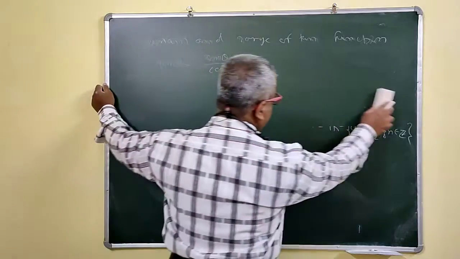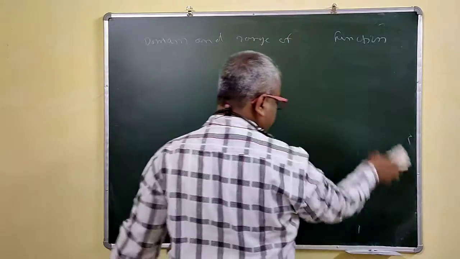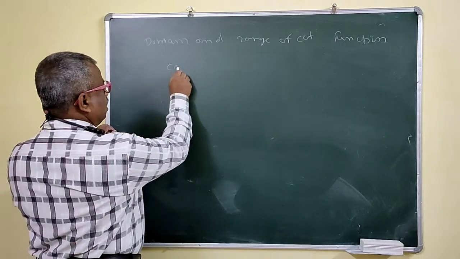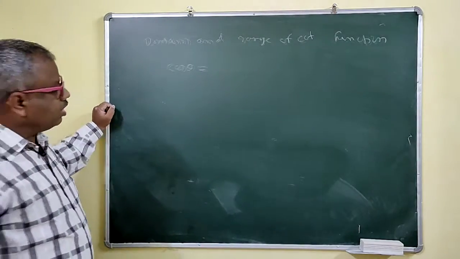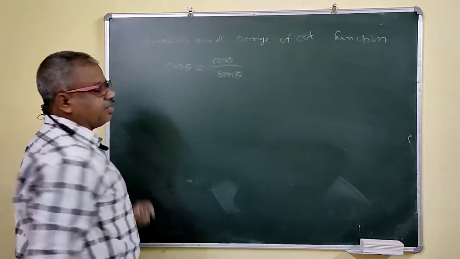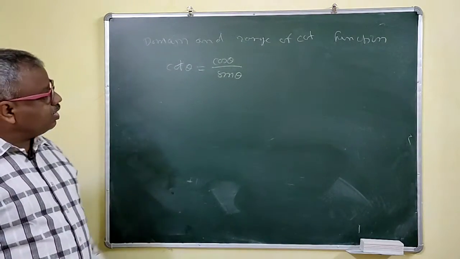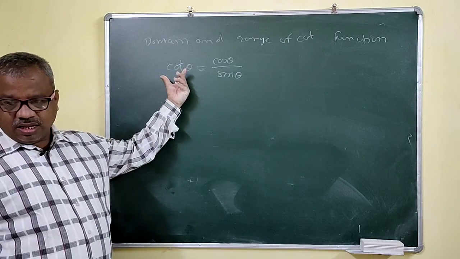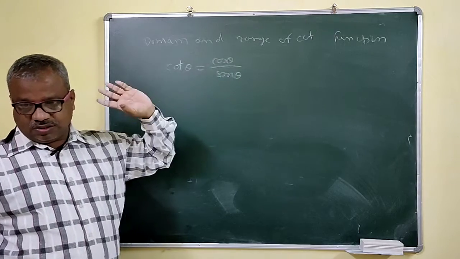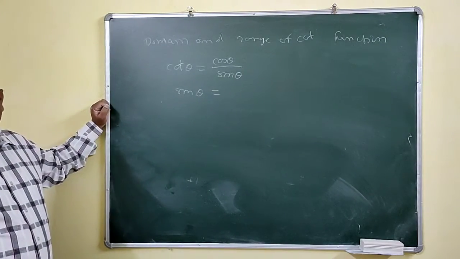Okay. Now similarly, the cot function. Cot theta is equal to cos theta upon sin theta. Where is it undefined? For the theta where sin is 0. So we will find the zeros of sin theta.